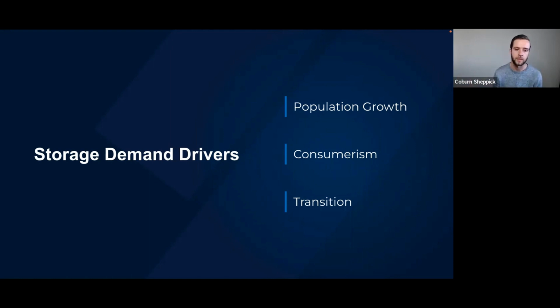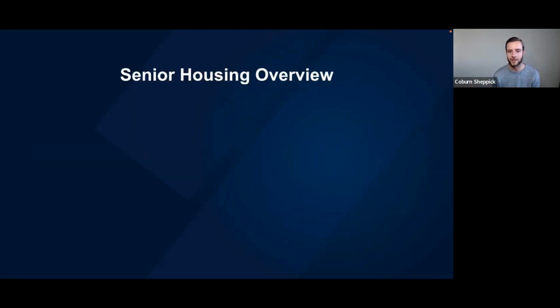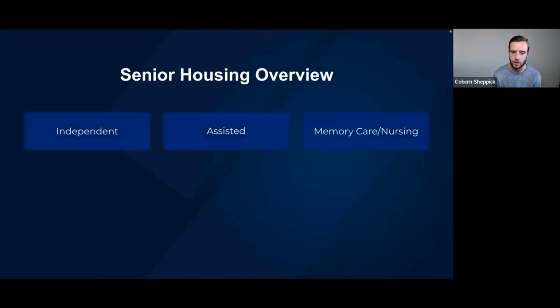That's one example. Moving on here, senior housing, which became a big one in the last several years as well. And there's a few types of senior housing. Independent living is a place, 55 plus, for elderly people to live by themselves. They don't need help.